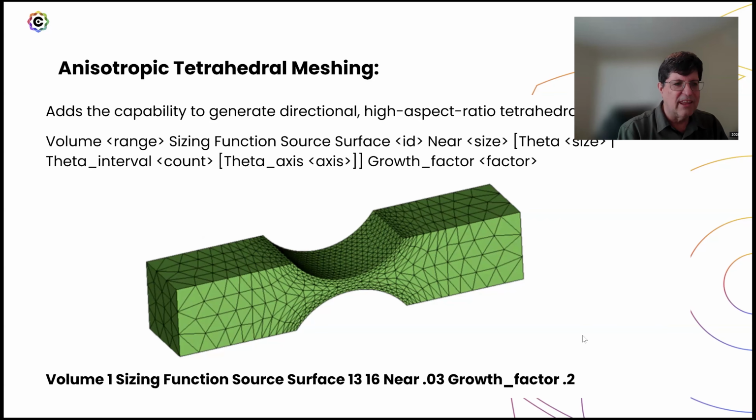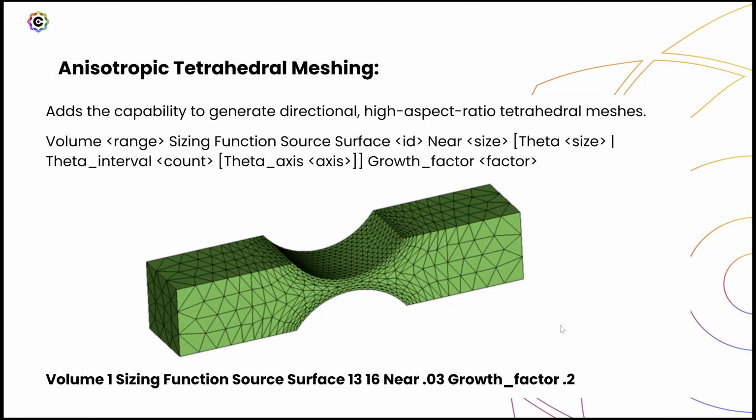Cubit has had some ability to create anisotropic elements. This is a more focused ability to say, okay, given these two curved surfaces, I want to force anisotropy in that area. Anisotropic tets are just really long and skinny, and in certain places you want to add those kinds of elements.